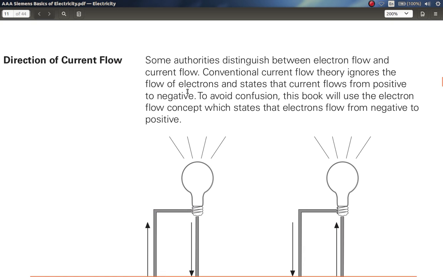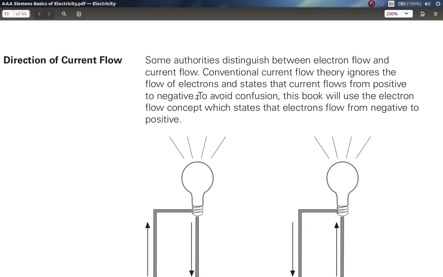Direction of current flow. Some authorities distinguish between electron flow and current flow. Conventional current flow theory ignores the flow of electrons and states that current flows from positive to negative. So you see, conventionally, in general terms, you talk about current flowing from positive to negative, even though the electrons flow from negative to positive.